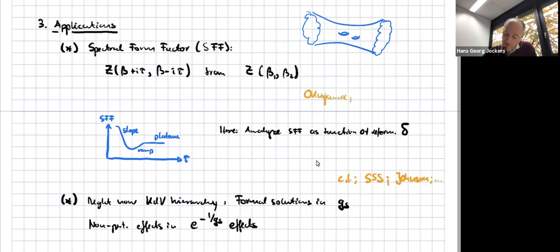Now, Okuyama and Sakai pointed out that there is a low temperature expansion that you can do. This is again a funny limit, a certain double scaled limit. In this double scaled limit, all these e to the minus 1 over GS corrections, which you would have if you had the full-fledged partition function including these non-perturbative effects, are scaled to 0.